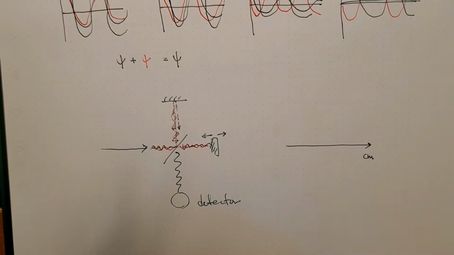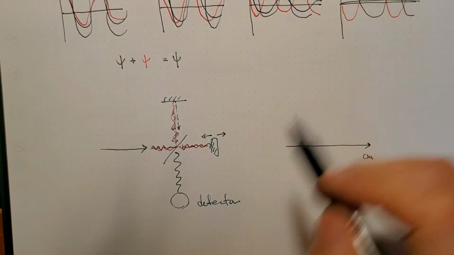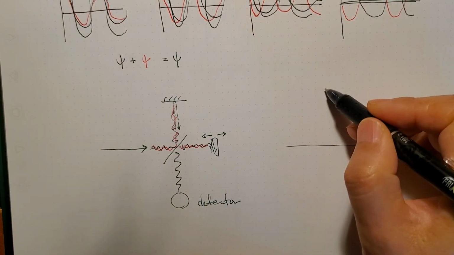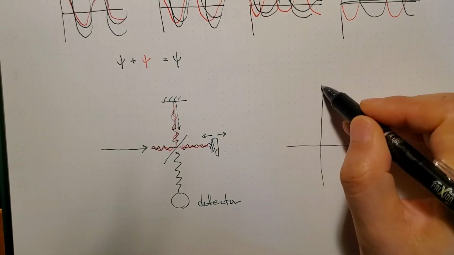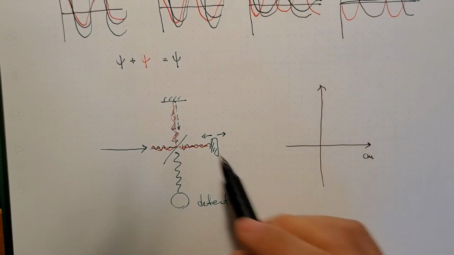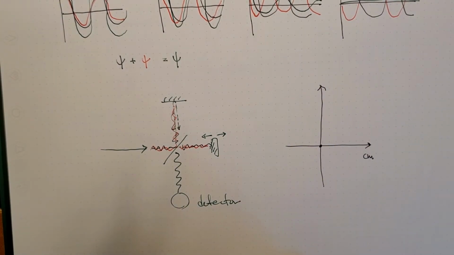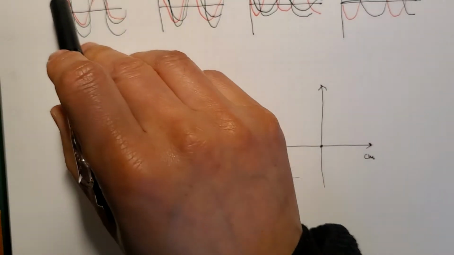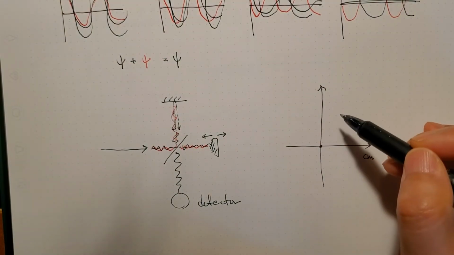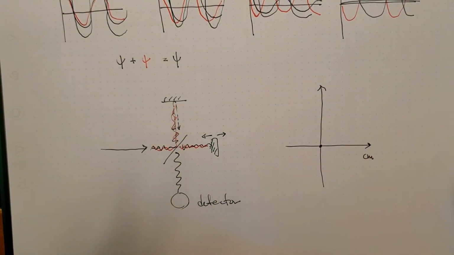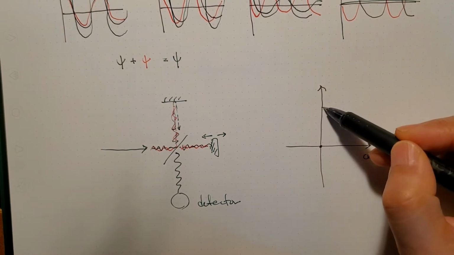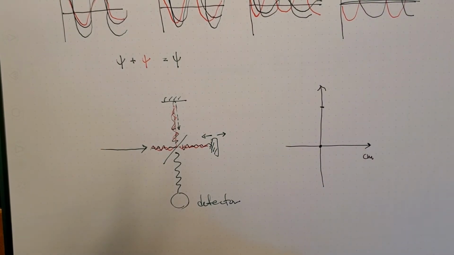Therefore, if you plot the intensity of that frequency of photon, when the moving mirror is at the same distance, the intensity of the interferogram, this photon coming out after interference, will be intense.